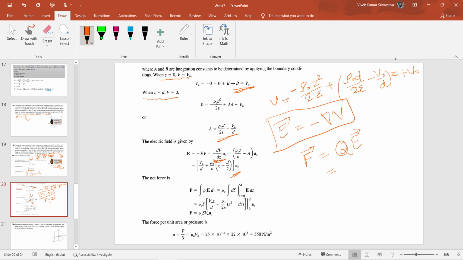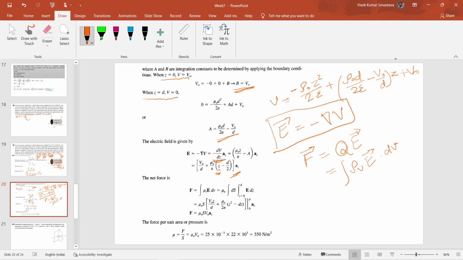Okay, so here we will take a volume charge and define it as rho v into E. Okay, and one thing that we have to note here, that E is also a space dependent quantity. See here that E is dependent on z. Okay, so we have to take this E inside this integration.